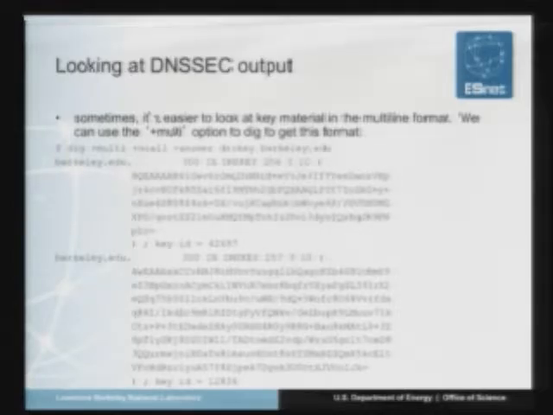So the parent has a hash of the key that's in the child zone that's used to sign some of the records. If those keys are mismatched, then you could get DNSSEC problems. So it's useful to be able to look up the keys of a particular domain and figure out what the key IDs are pretty quickly. And DIG lets you do that using these options.